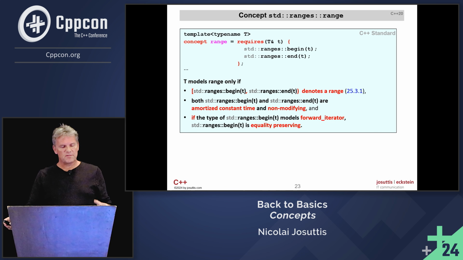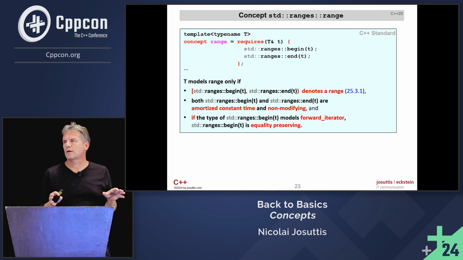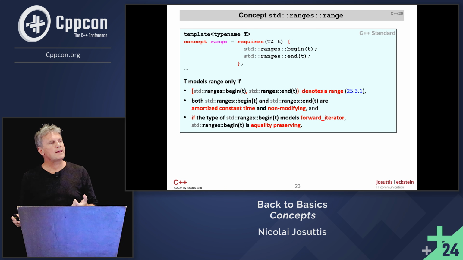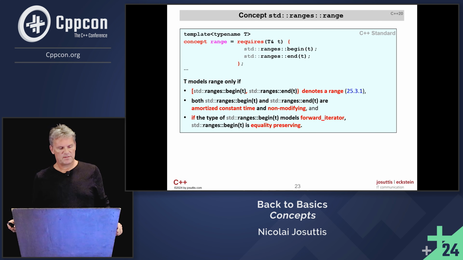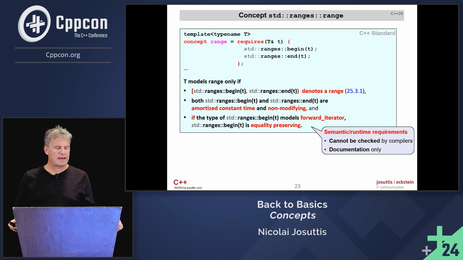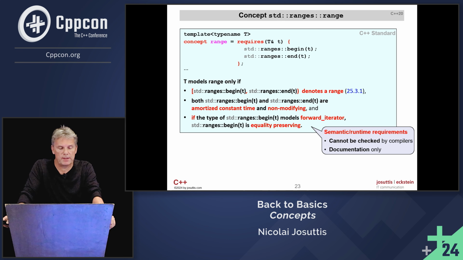And the other thing is begin and end are non-modifying. That's also nothing you can check. I mean, you can check is it const, but if it's not const, it's not clear whether we modify or not. So that's something that we describe as a requirement which cannot be checked by a compiler. And the last one either. So concepts can specify semantic or runtime or non-functional requirements.